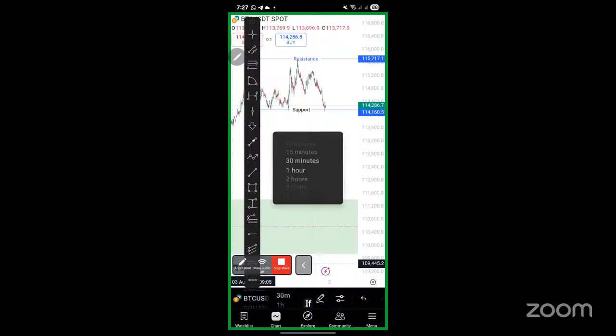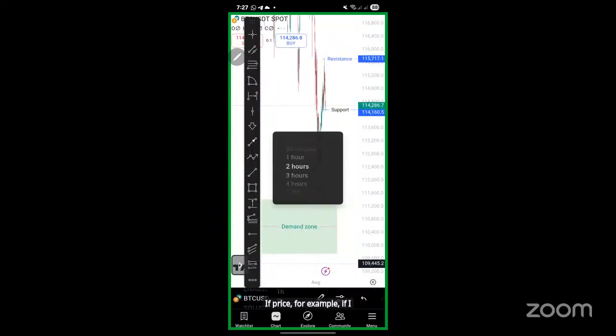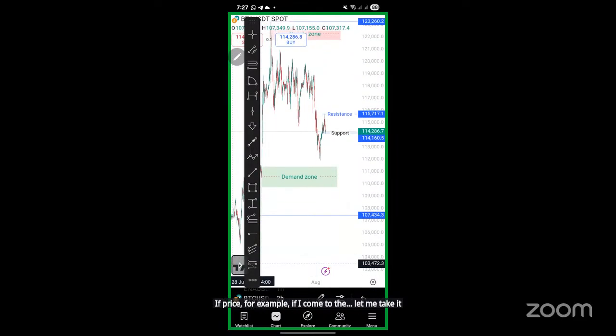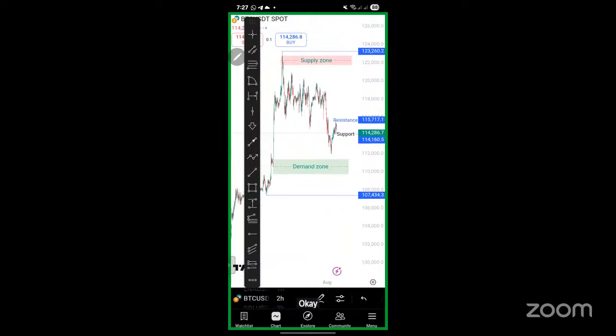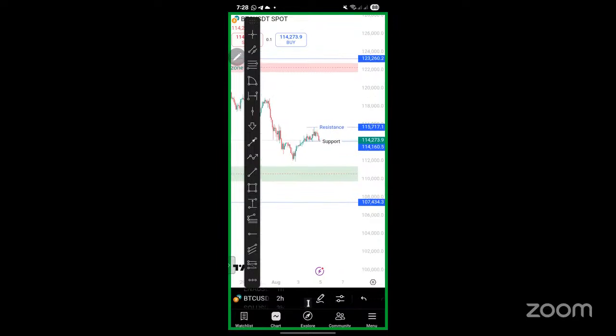For example, let me take it to the 2 hours time frame. At this time around, I may not tell where price is going. Reason being, I always confirm the trend, whether I'm to buy or to sell, when price reaches the support or the resistance. You understand?